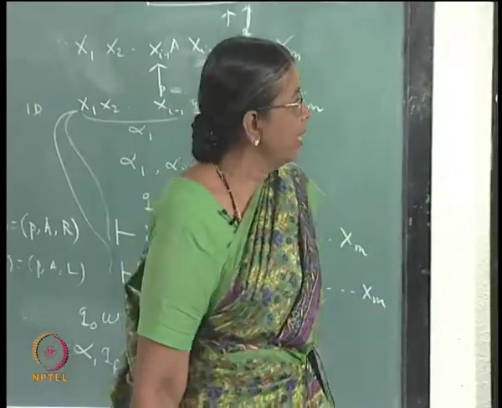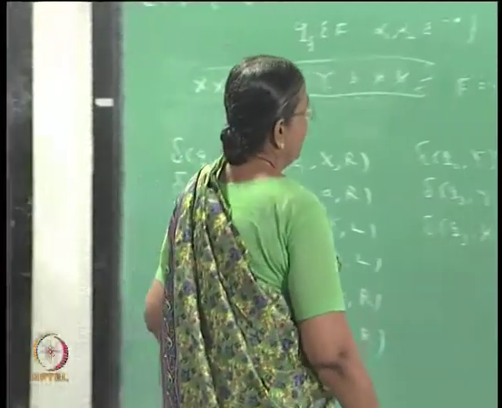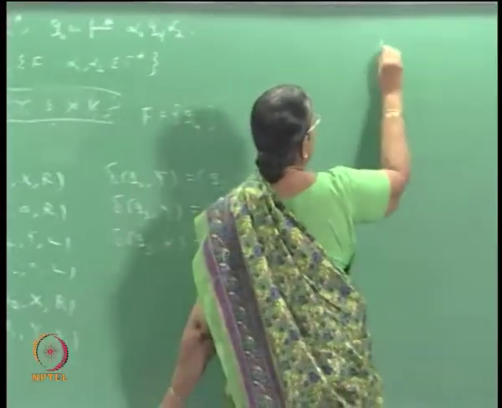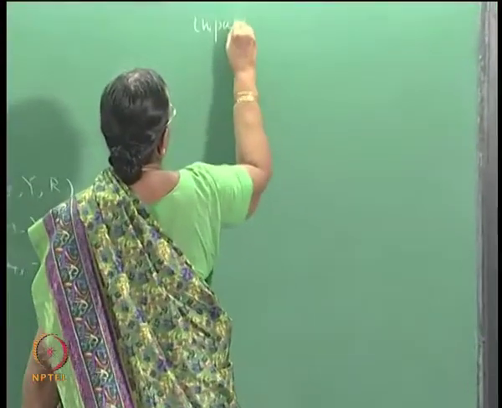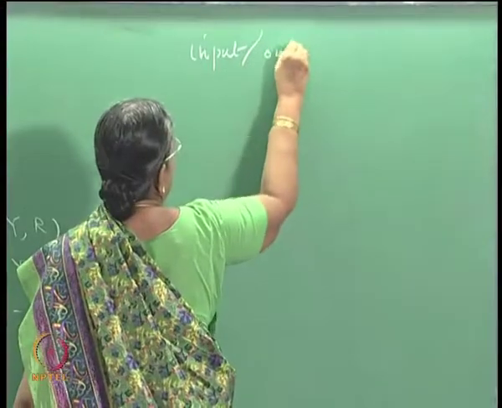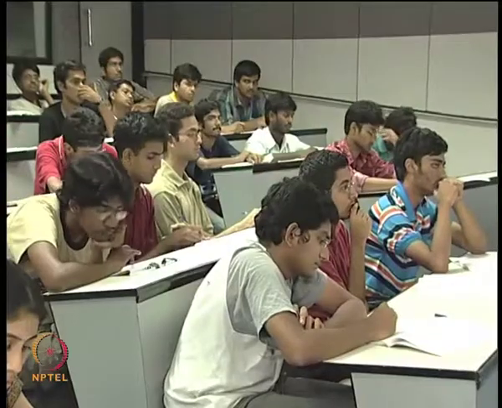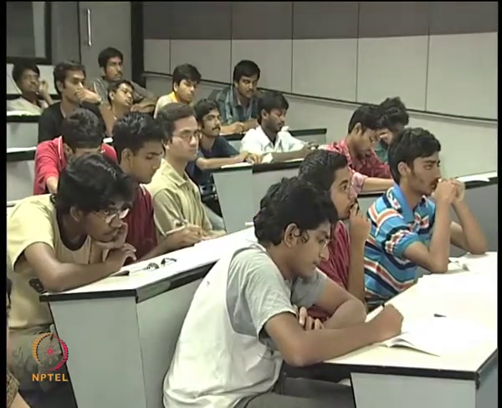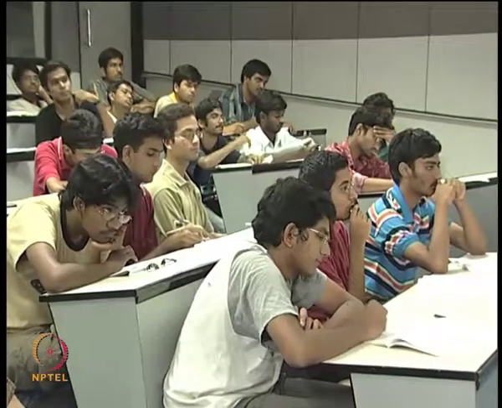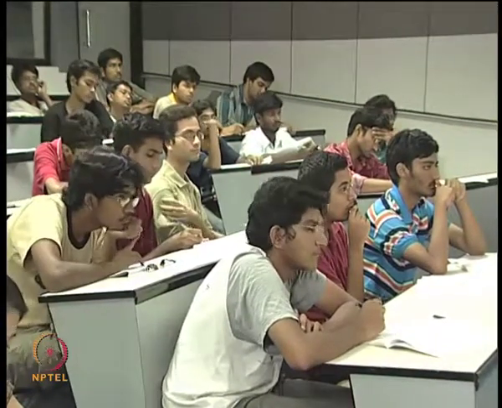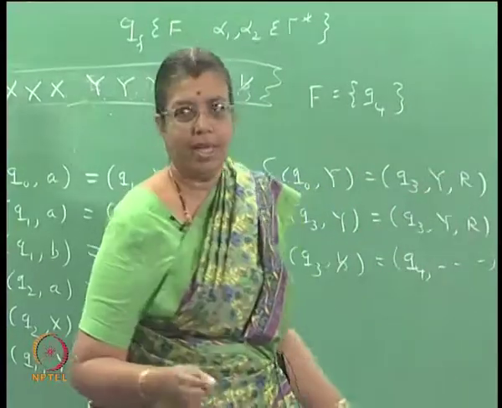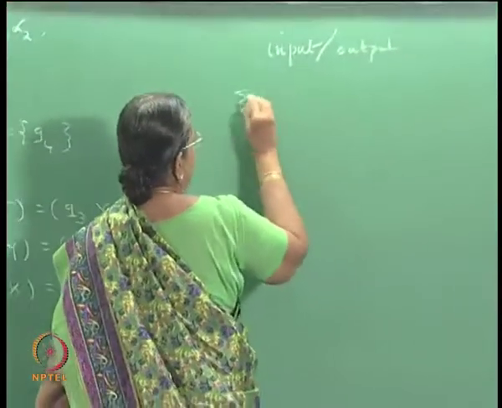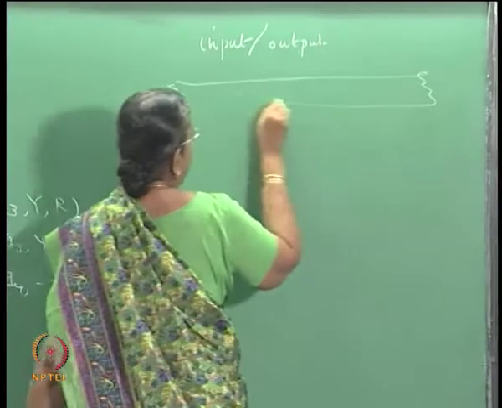Now, we have already seen the Turing machine as an input output device. When you consider it as input output, usually you are not bothered about the left end being fixed. The tape you can take as infinite.